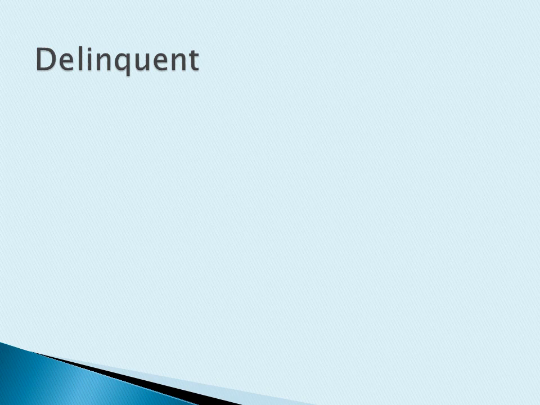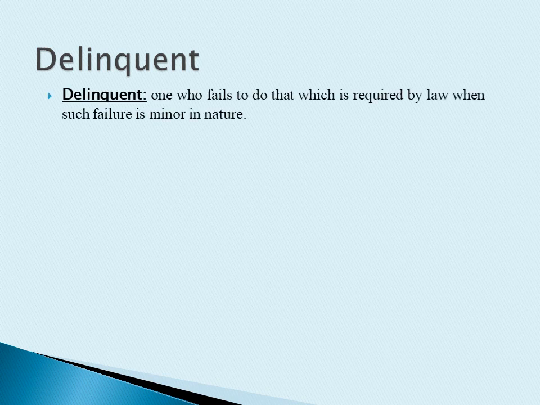Delinquent. Delinquent means one who fails to do that which is required by law or by duty when such failure is minor in nature. A delinquent is often used to refer to a juvenile who commits a minor criminal act as juvenile delinquents.